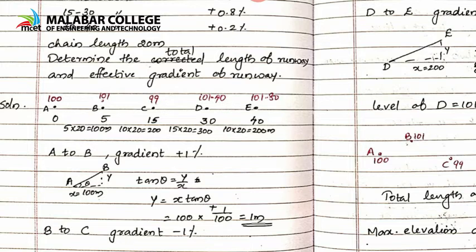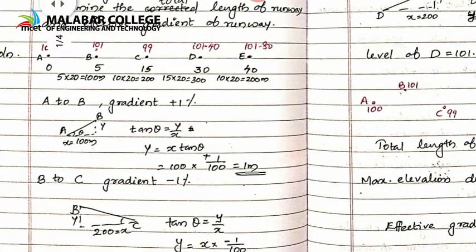Then tan theta is equal to y by x, so y is equal to x tan theta. Substituting the values, x is equal to 100 meter, tan theta is the gradient plus 1%, that is plus 1 by 100, that is equal to 1 meter. The point B is 1 meter above A.